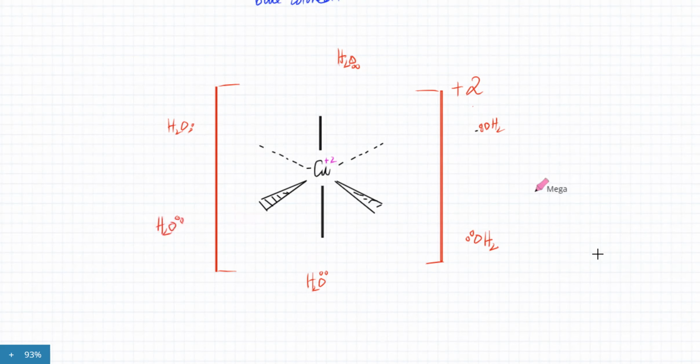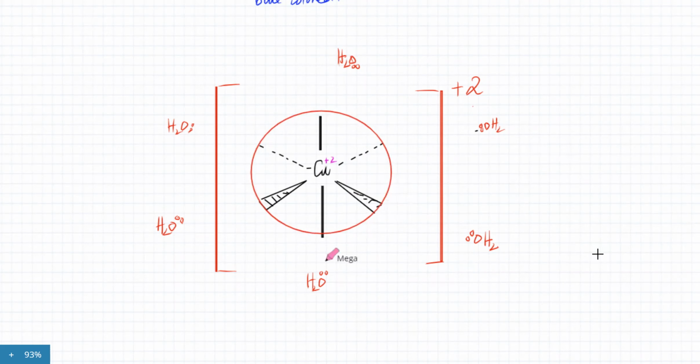The water molecules are going to get attracted to it. Now, the copper ion has a completely empty outer shell. With all metal ions, the outer shell electrons are lost. In the case of copper, the fourth shell electrons are lost. That means the outer shell is completely empty. And the electronic configuration of copper plus 2 is like this.